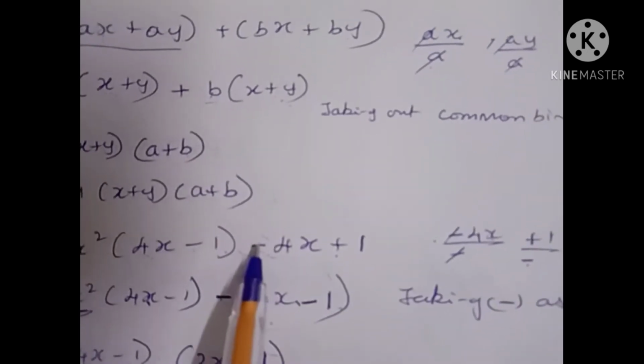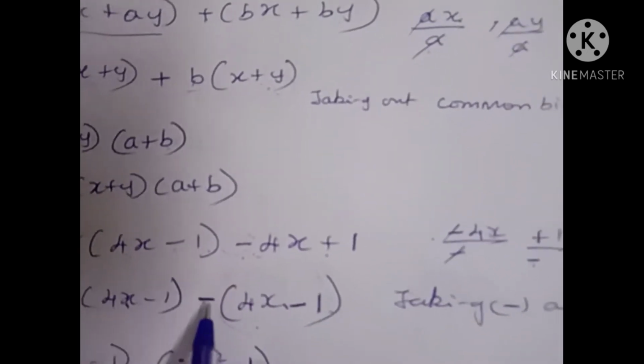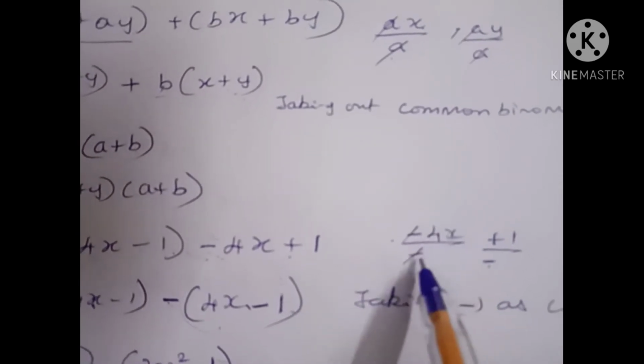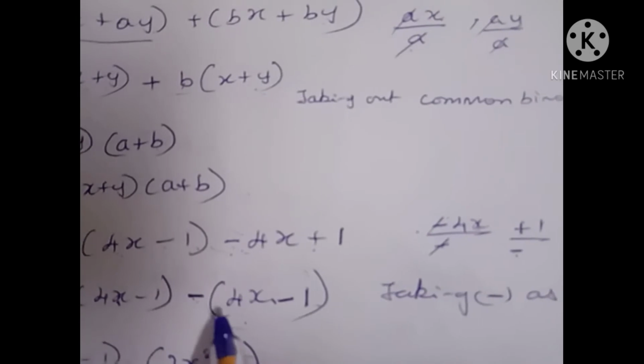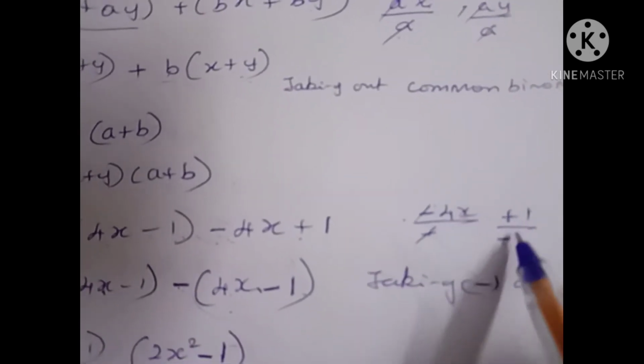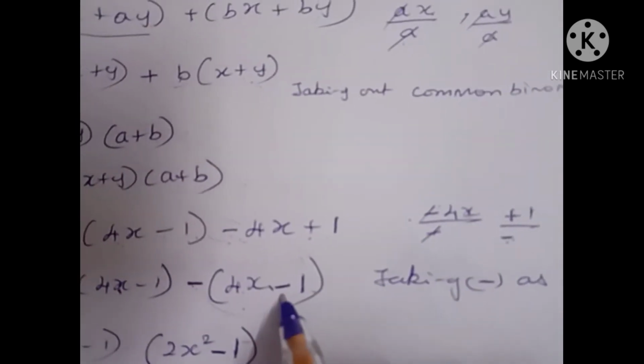So if you take the minus as common, then minus 4x by minus is plus 4x and plus 1 divided by minus is minus 1.